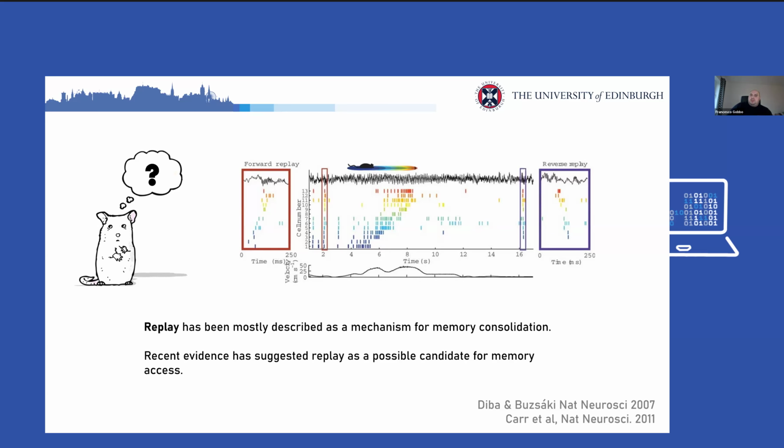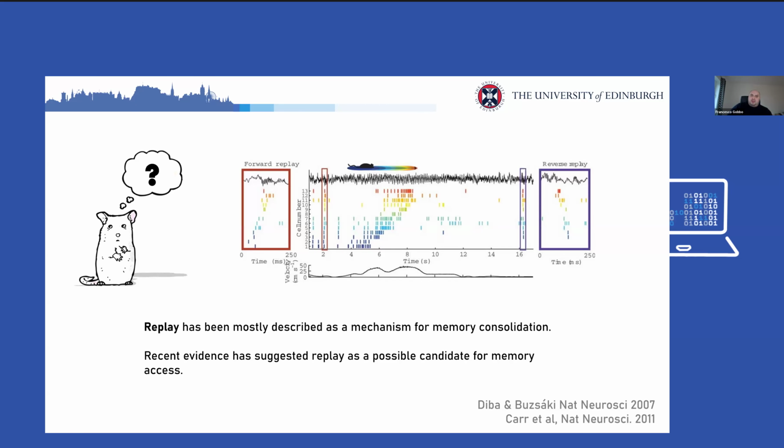So replay has been mostly described as a mechanism that was thought to support memory consolidation and the essentially storage of new memories from the hippocampus with the interplay of other brain areas.